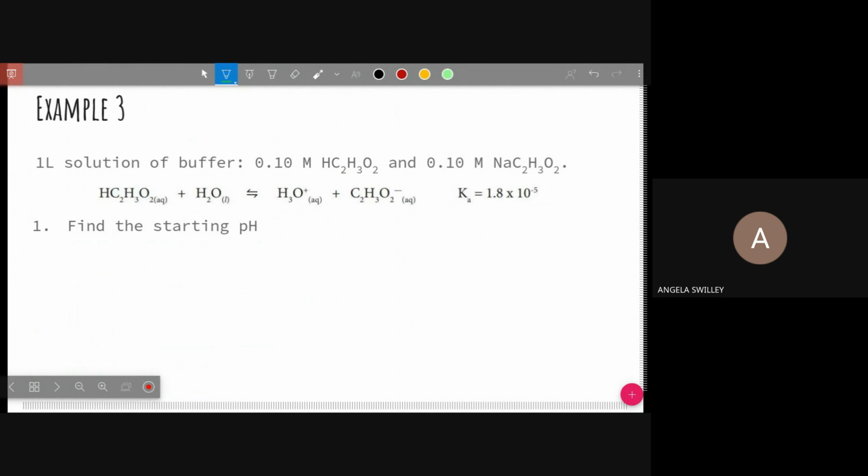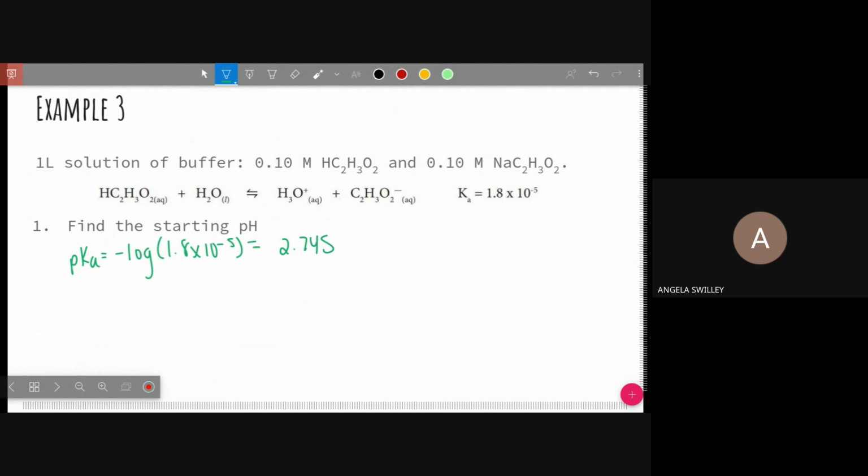And we've got 0.1 moles of both of them. Their molarity is the same. So they want us to find the starting pH. First of all, we need the pKa. Again, that is the negative log of the Ka. So that is going to be 2.745.